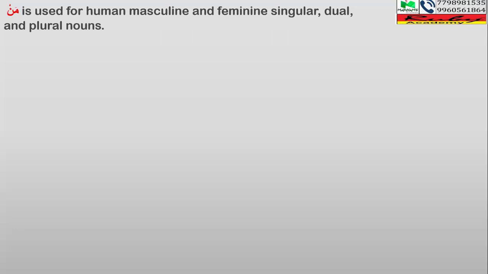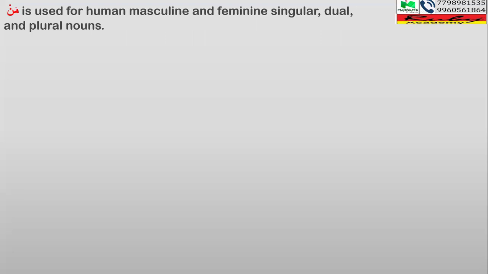They change according to the numbers, am I right? But here there is no condition. For any number, it doesn't matter, but it should be human. The word should be human beings, masculine or feminine. So there is no condition regarding gender or number.